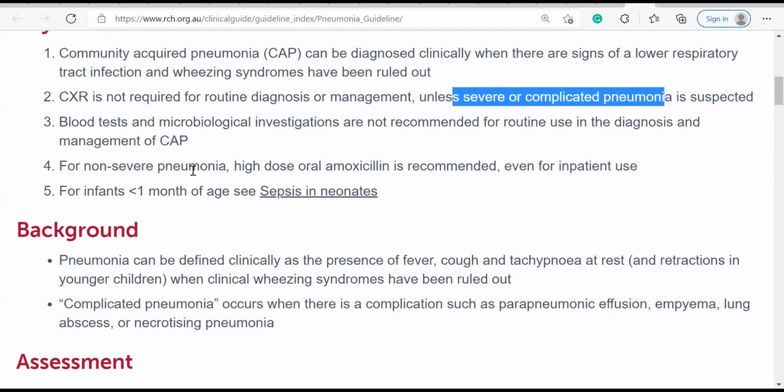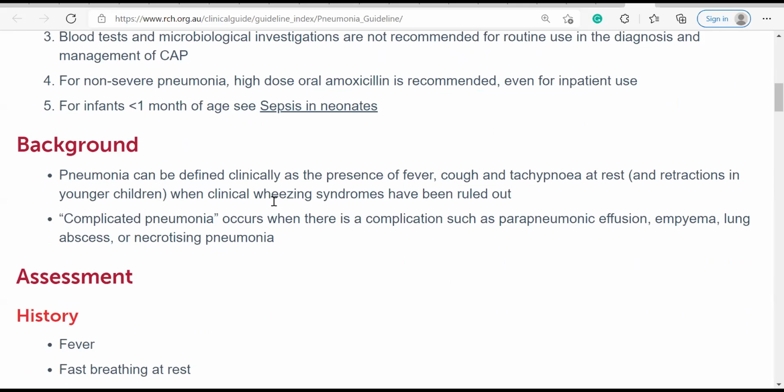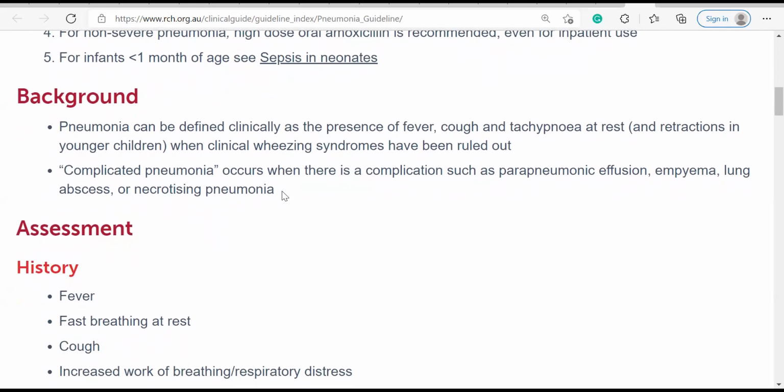For non-severe pneumonia, you can just diagnose clinically and give oral amoxicillin. But if a child less than 1 month old, an infant, develops any features of pneumonia, that patient should be treated as sepsis, as a complicated form.